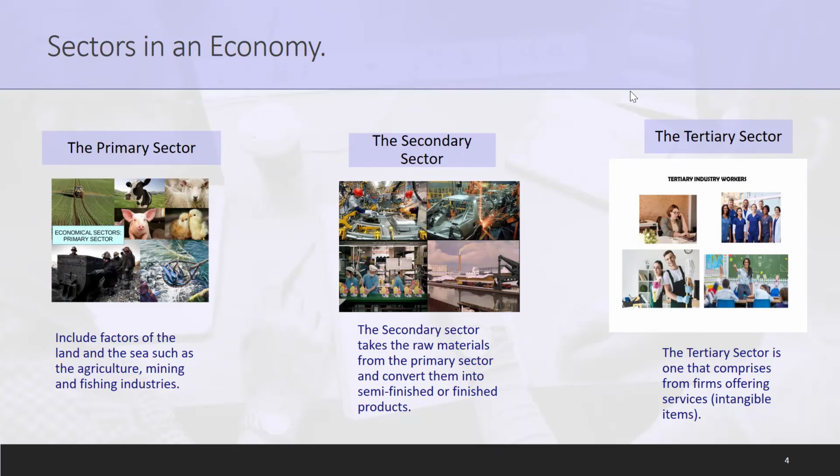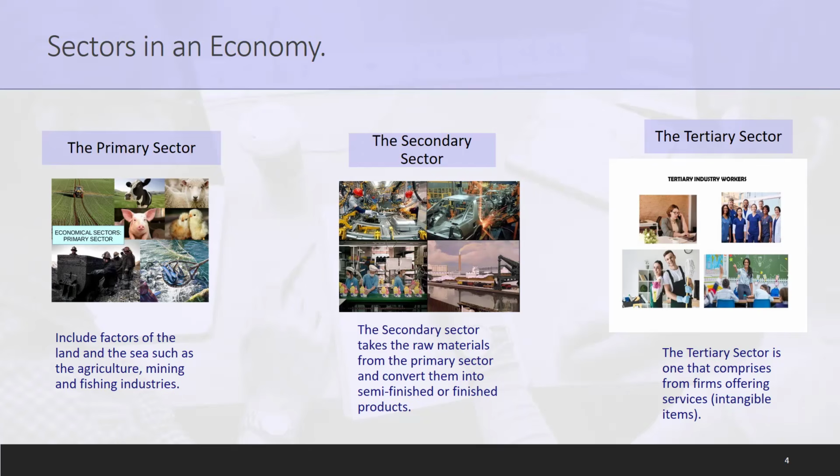The secondary sector involves taking those raw materials and converting them into something else. So you have the manufacturing sector and the construction. Manufacturing will be looking at taking these raw materials and changing them into goods. And construction would look specifically at infrastructure, building roads, bridges, building stuff like that.